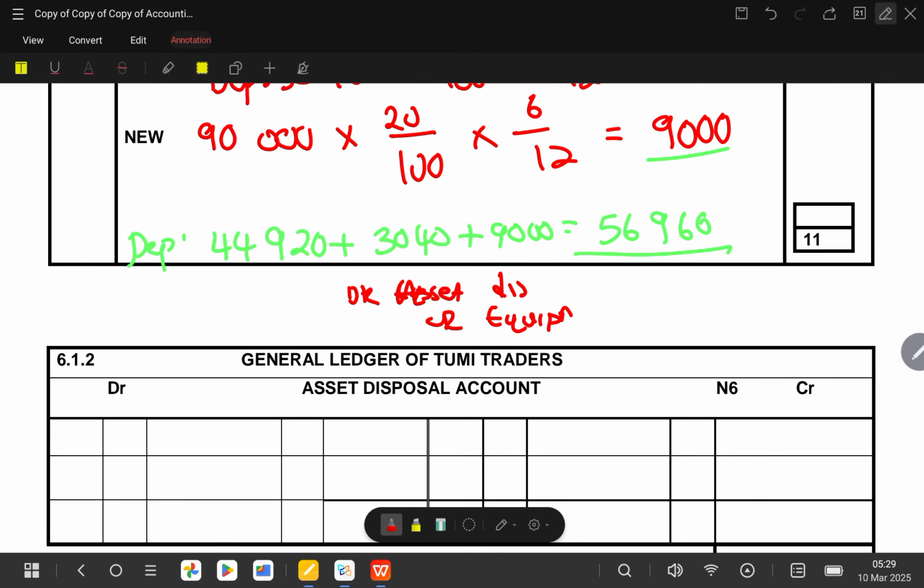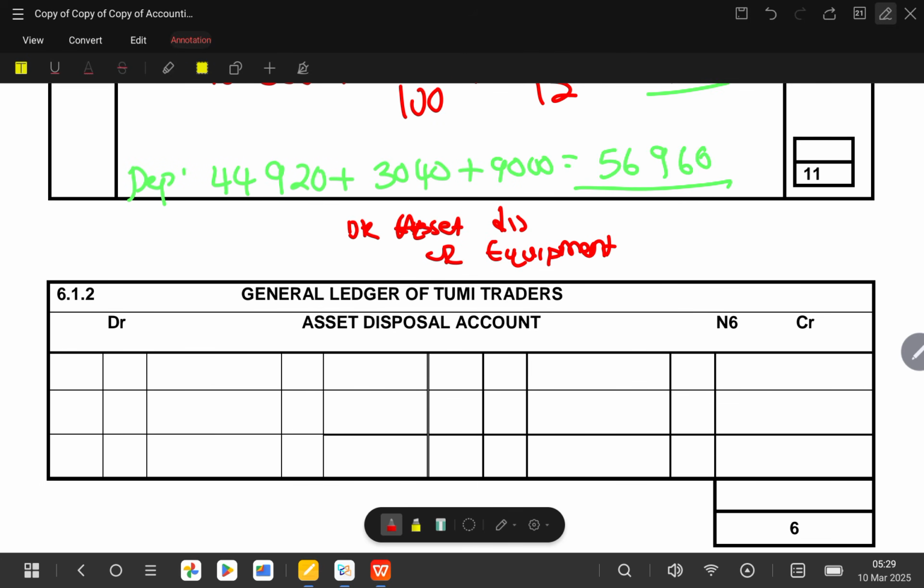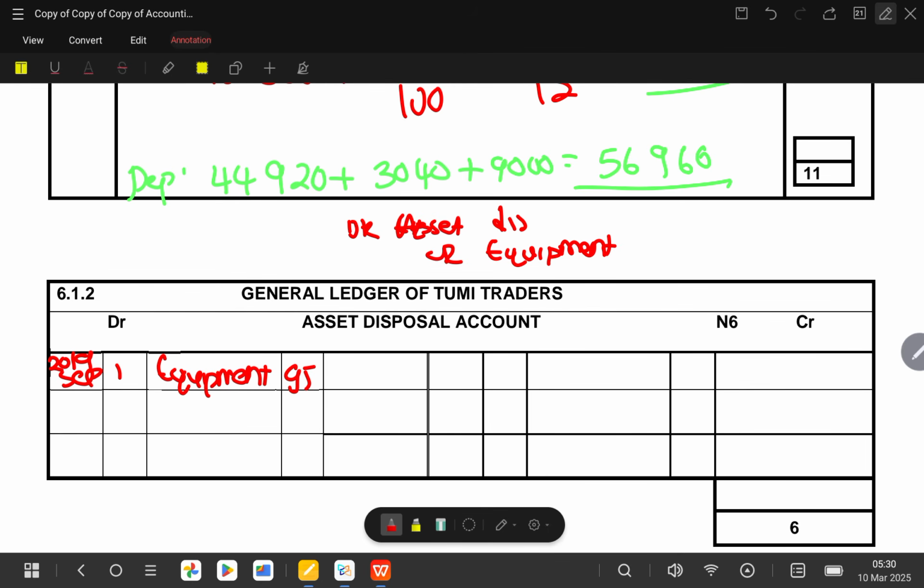So we are going to debit asset disposal by the cost price. So say 2019 September the 1st, then we would have our equipment, general, and then the cost price of that equipment as 40,000.